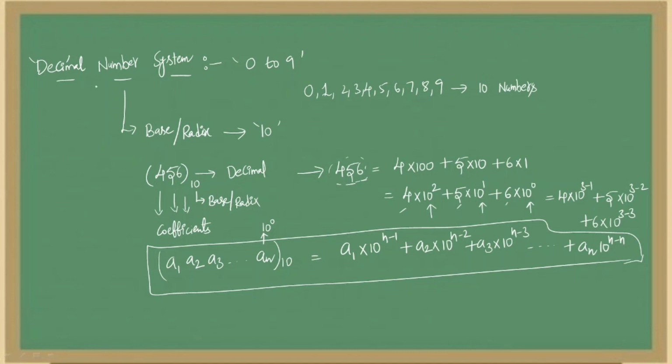So the decimal number system is also known as the base 10 system. One reason is we are considering 10 numbers for each decimal number, and another reason is the weightages here are the powers of 10. Hence, this is another reason why we call this number system the base 10 system.